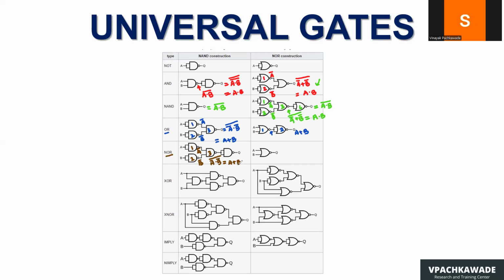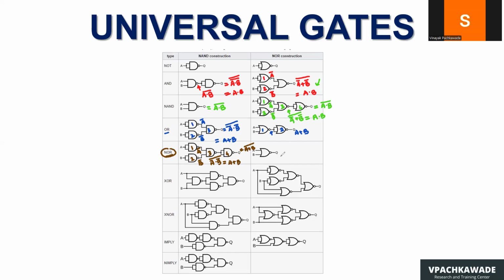Now A or B is the input to gate number 4, making the output Q equal to A or B and take a NOR of it. And that's how we got NOR gate using only NAND gate.